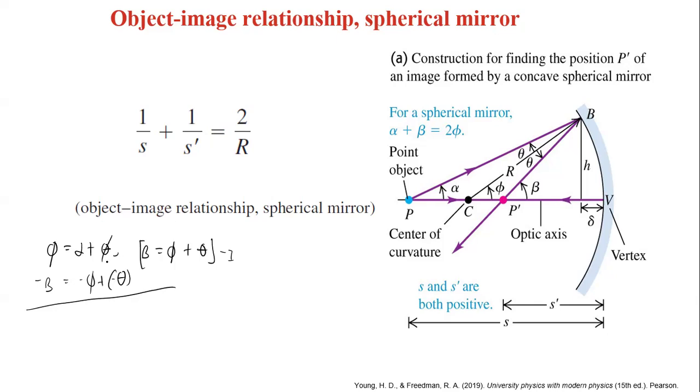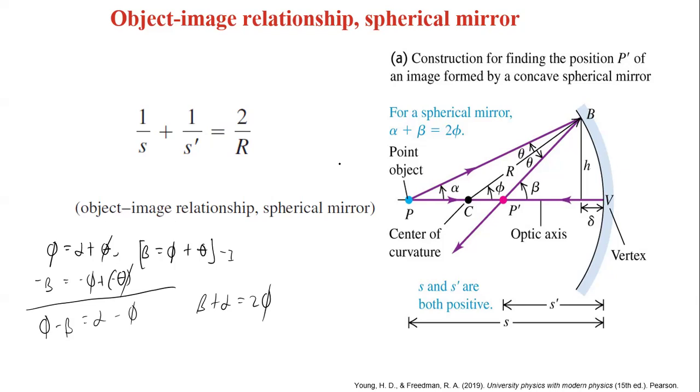So here, you can cancel this and we add. So we have phi minus beta is equal to alpha minus phi. If we arrange this, we have beta plus alpha is equal to 2 times phi.